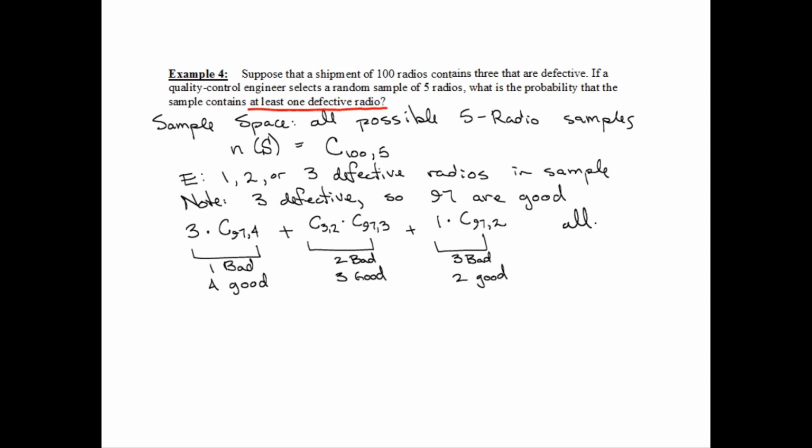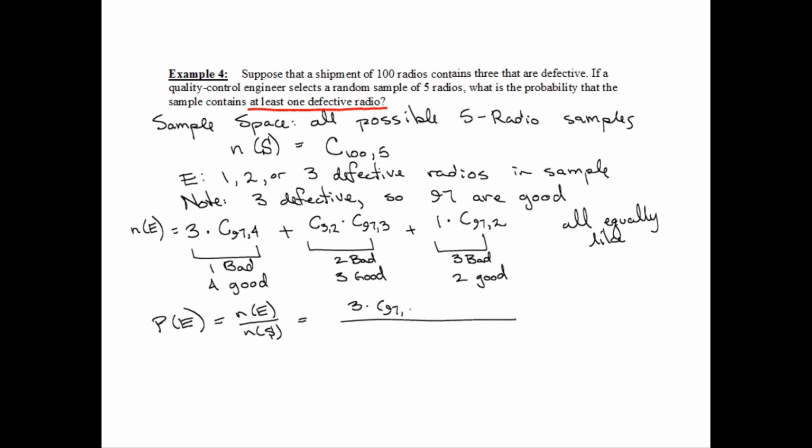All of these are equally likely, so that means we can take the number of outcomes in our event and divide by the number in the sample space. So my probability then will be, we'll label this number in E, combination 97, 4 plus combination 3, 2.